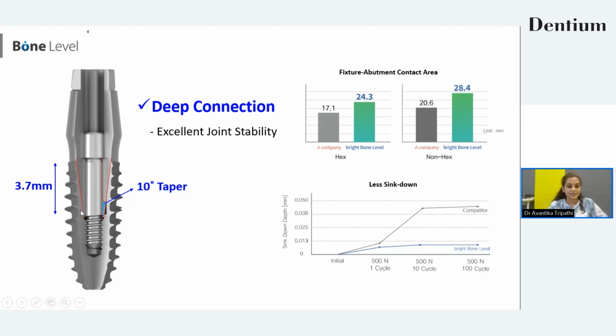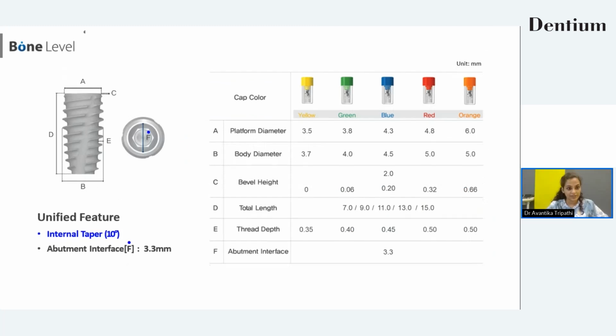The biggest advantage of this deep connection is that it provides excellent stability of the abutment with the fixture. There will not be any chance of abutment loosening or screw loosening because of the deep placement of the abutment inside the fixture.